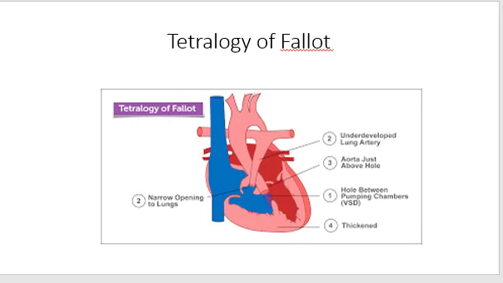Some of the things you'll see with tetralogy of Fallot babies are feeding problems, growth retardation, frequent respiratory infections, and severe dyspnea on exertion. We talked about the red blood cells of the body increasing because the body says, okay, we have chronic low oxygen, so we're going to keep making more and more blood cells, and you develop what is called polycythemia, meaning an increase in red blood cells to compensate for the lack of oxygen.